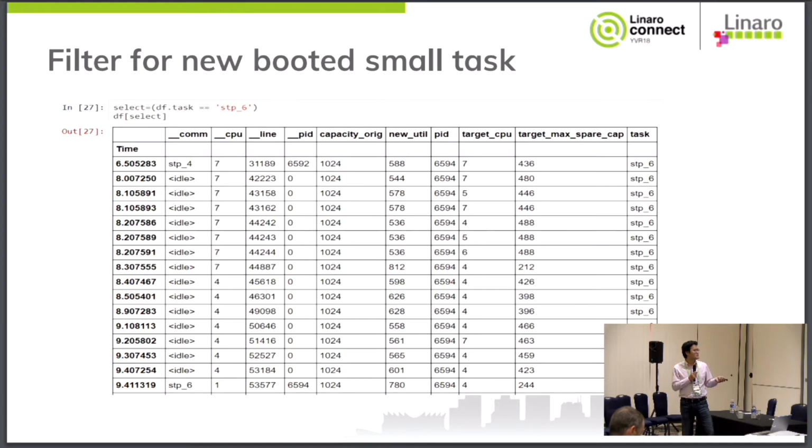We can also create a filter, for example if we just want to check task 6, to see the new utilization and the max spare capacity.